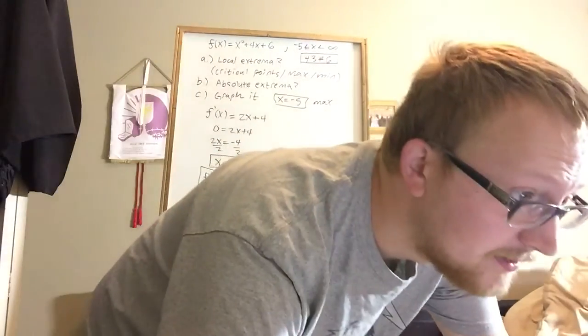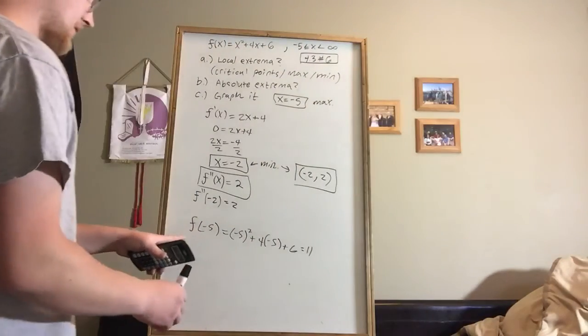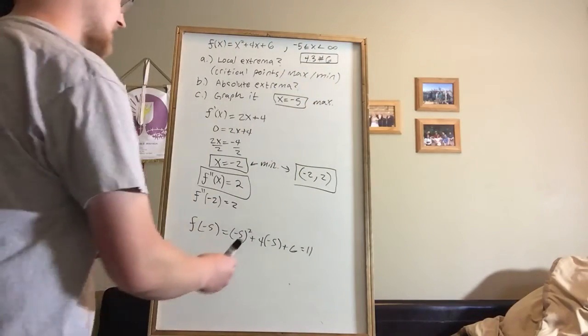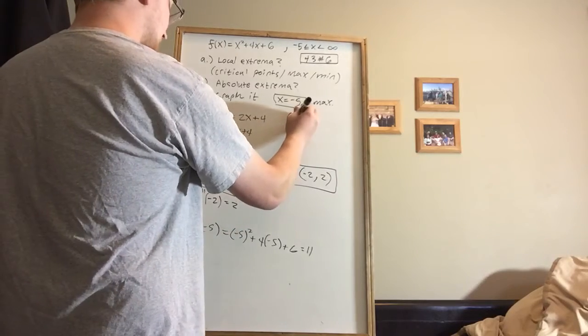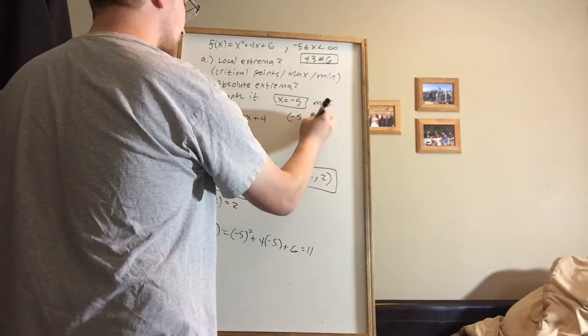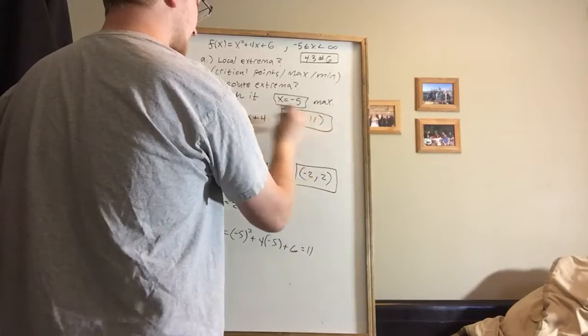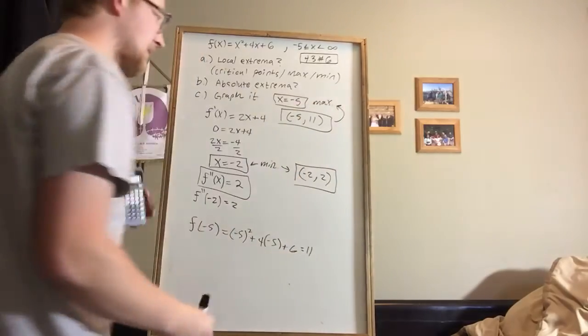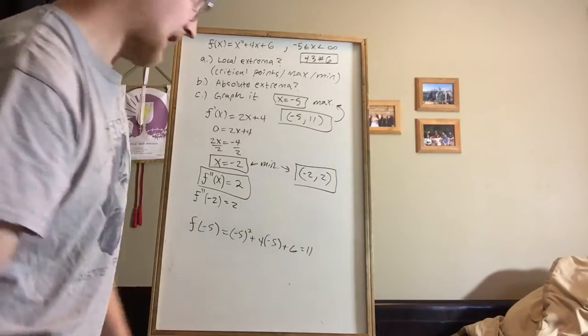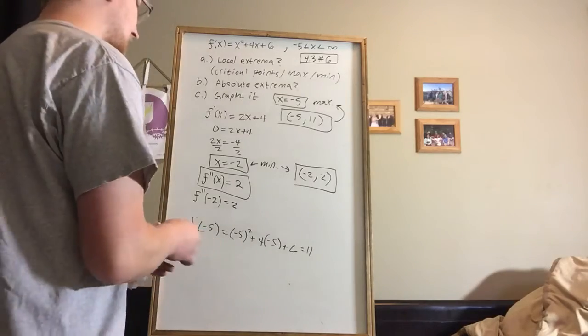Alright, so what we've solved here is that when our value is minus 5, we get an output of 11. And this is our ordered pair for our local maximum. Alright, so now we know that we have a maximum.